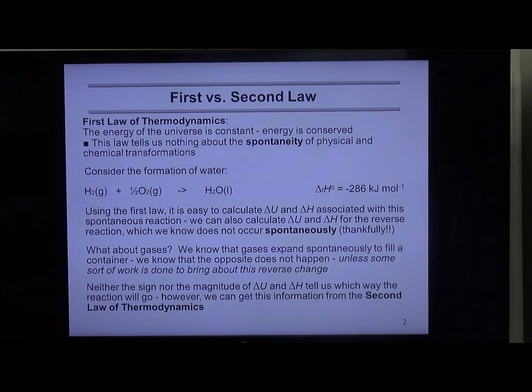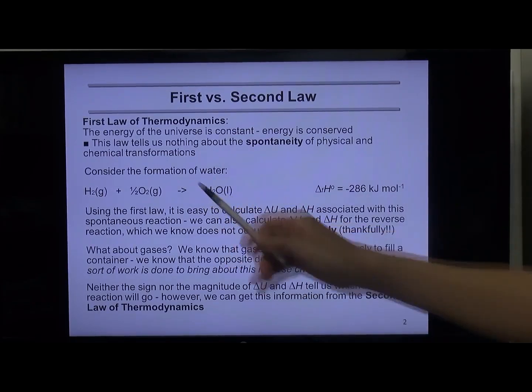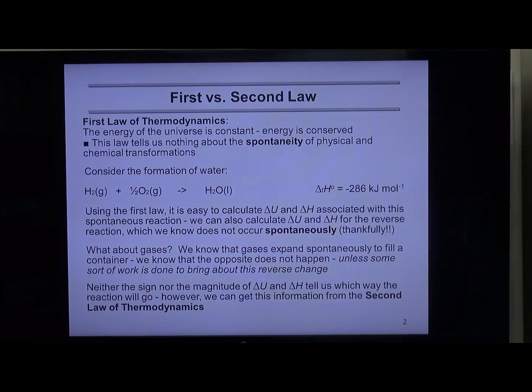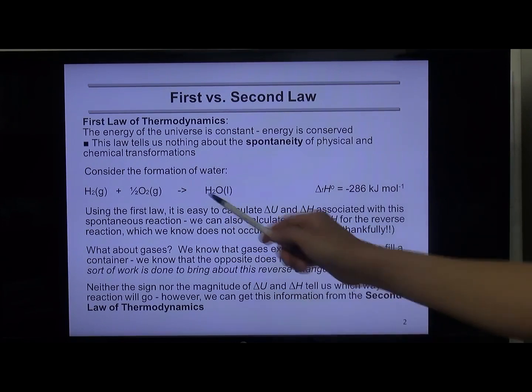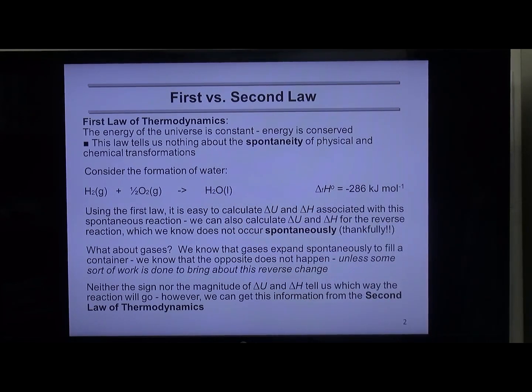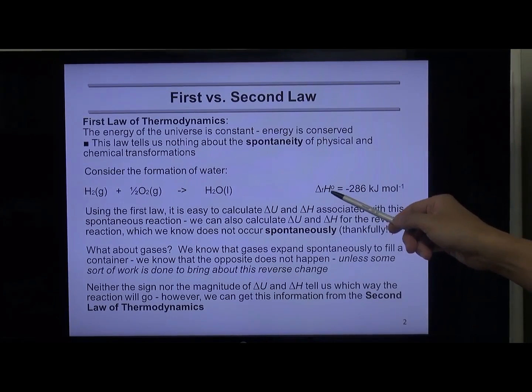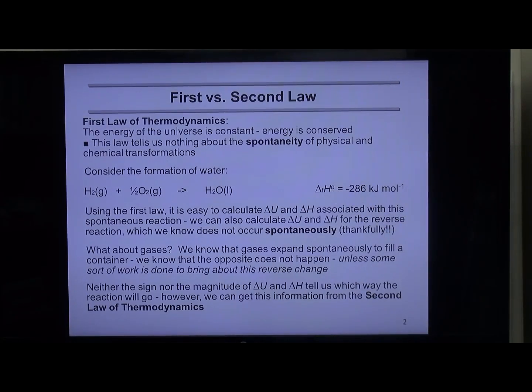Okay? So based on the first law, we can calculate delta H or delta U or something like that. But we don't know if this reaction occurs spontaneously or if the reverse reaction occurs spontaneously. It does not tell us anything. It just tells us about the energy or enthalpy change associated with this chemical reaction. That's all, right?